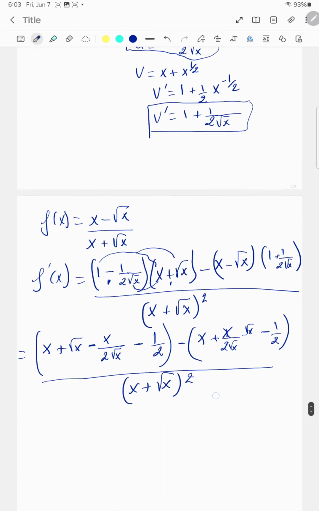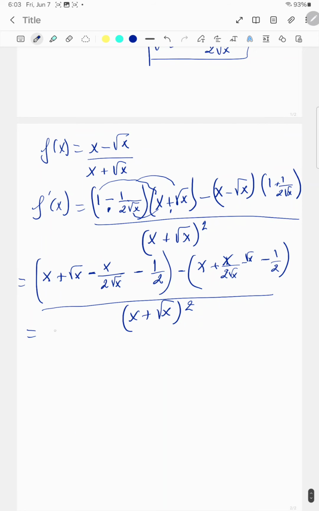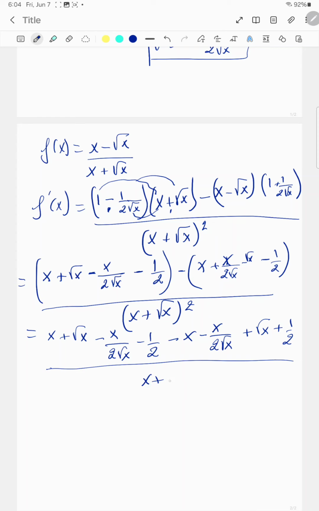And now let's get rid of the parentheses. F prime of x is equal to x plus square root of x minus x divided by 2 square root of x minus 1/2, minus x divided by 2 square root of x, and plus square root of x plus 1/2. And all of that is divided by x plus square root of x squared.